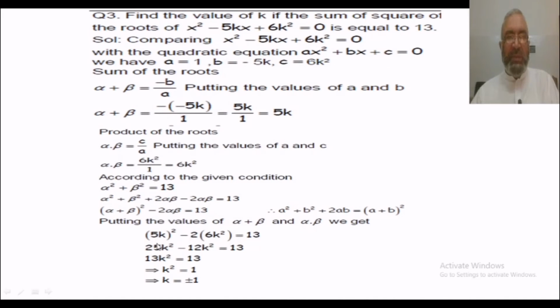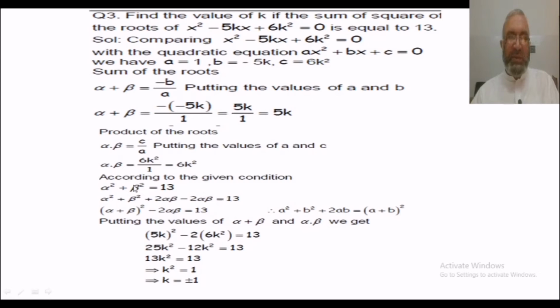So that becomes 25k square minus 2 times 6, that is 12k square, is equal to 13. 25 minus 12, 13k square is equal to 13. Dividing both sides by 13, we get k square is equal to 1. Taking square root on both sides, we get k is equal to plus minus 1. Thus we get the value of unknown k is equal to plus minus 1 using these results.